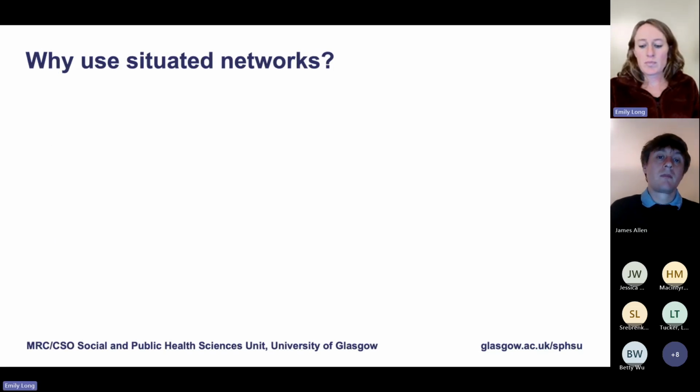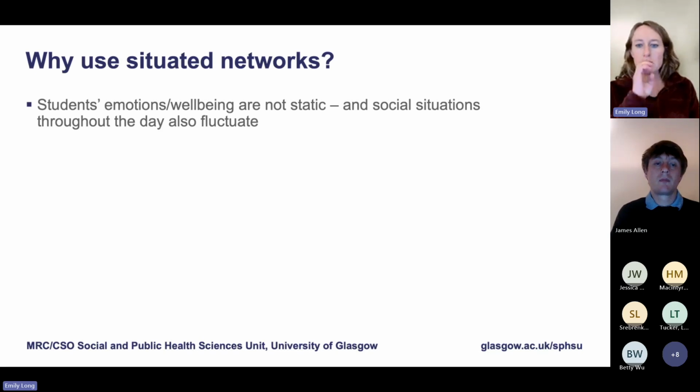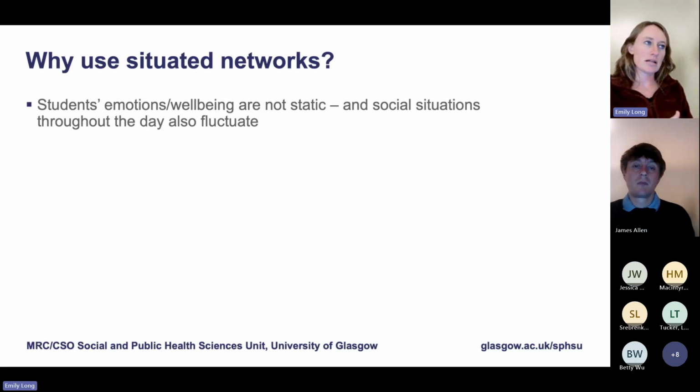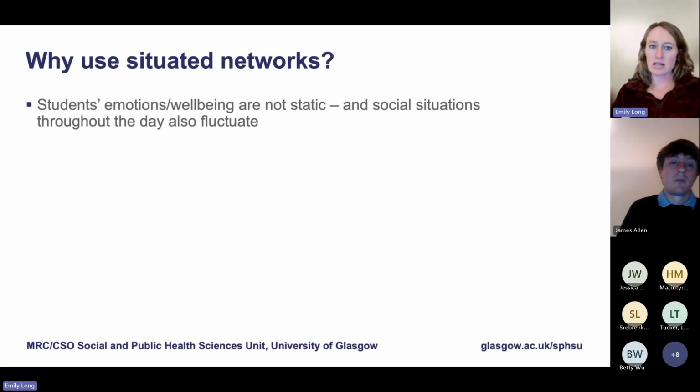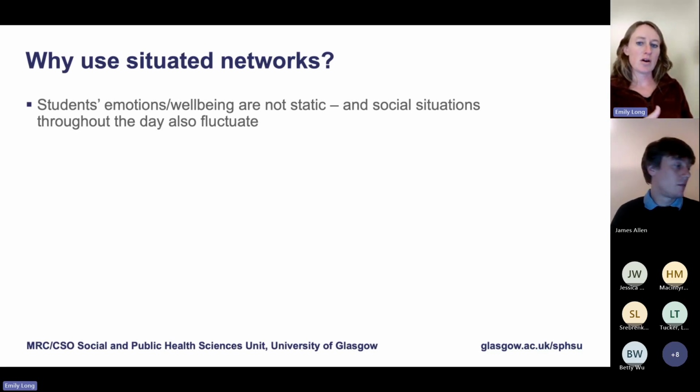So before I hand to Srebrenka, just a quick thought on why to use situated networks, like what is the novelty of doing this. The idea behind it is that students' emotions and their well-being are not necessarily traits, that they tend to be more state type emotions.